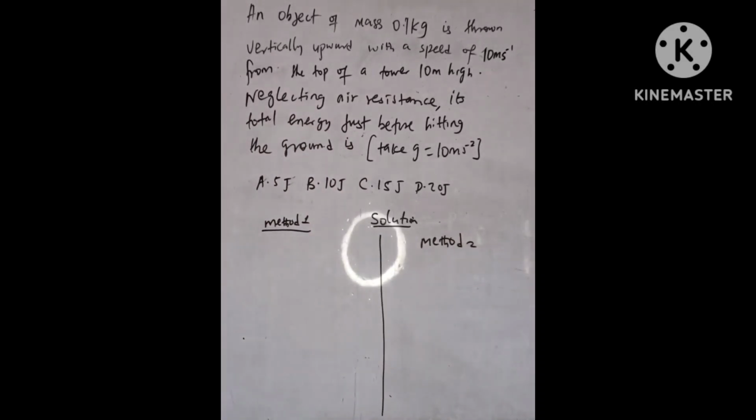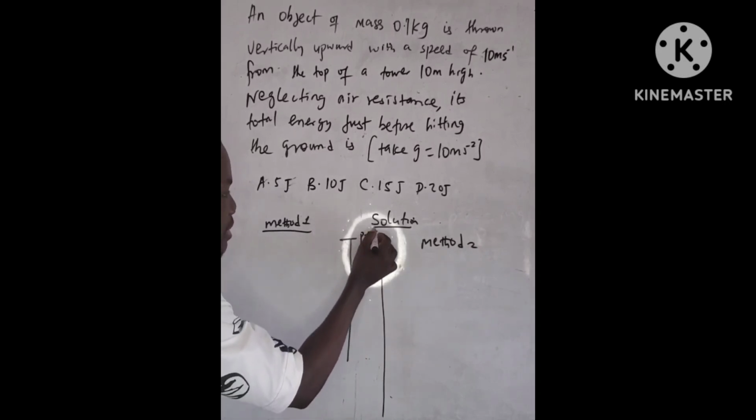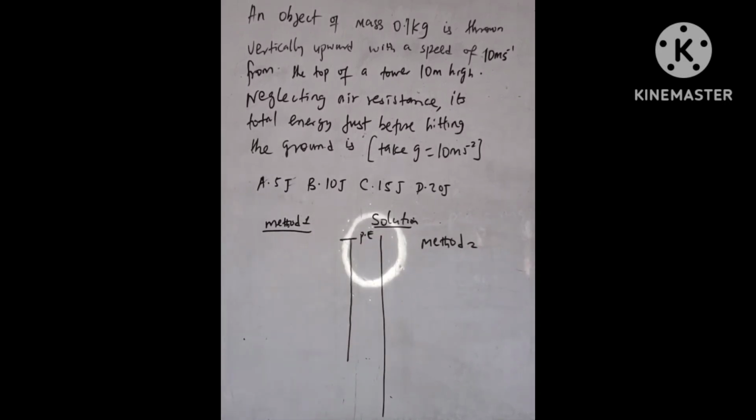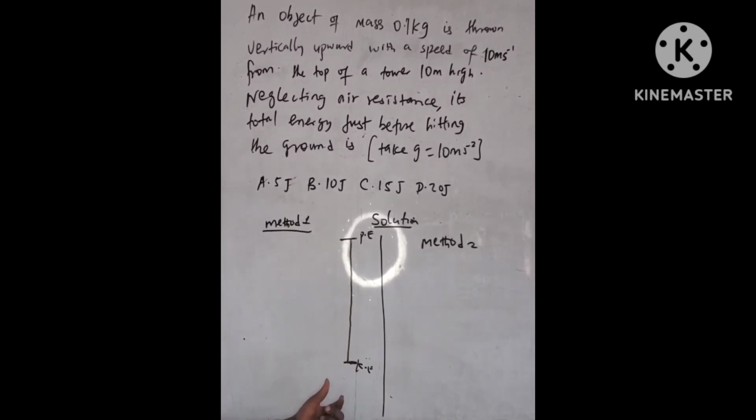Now in method 1, we can use the idea that while the object is falling, the potential energy at its maximum height is equal to the kinetic energy just before it hits the ground, as I explained in the previous problem.